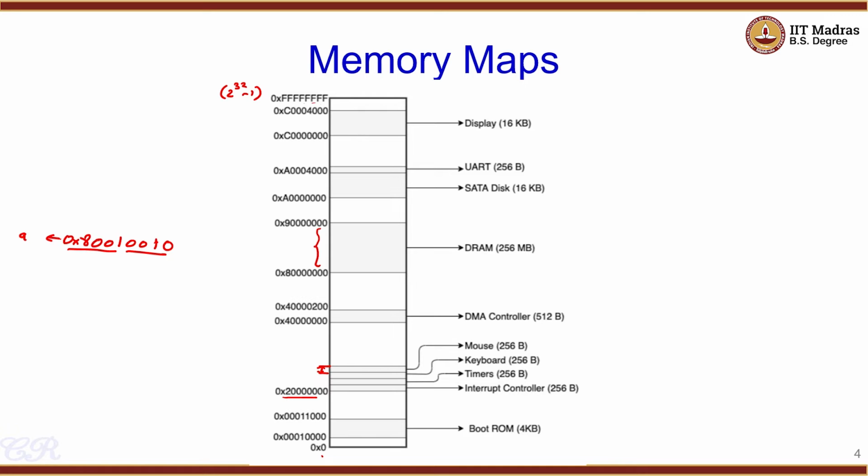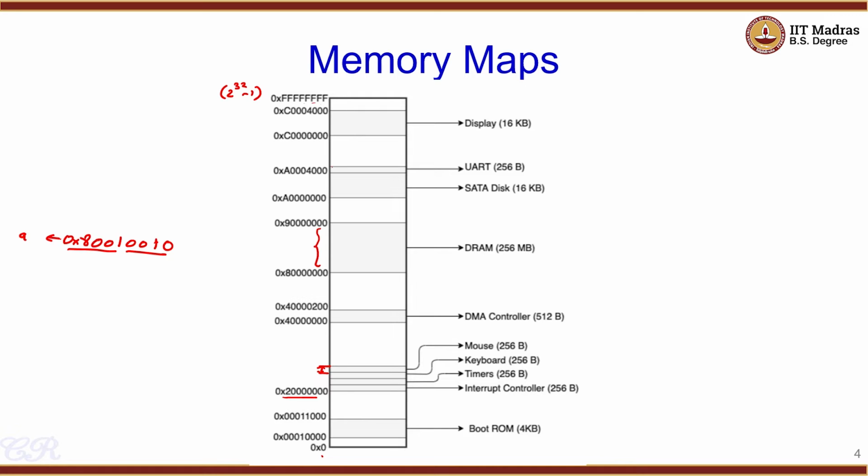Here is another example, 0xA followed by 3 zeros, then 4000, which indicates the UART. So what this means is that if your CPU sends out an address on the system bus with a value within this range, 0x8 followed by 3 zeros and 4000, up to this value plus 256 bytes, the address would indicate that it is trying to communicate with the UART, right.